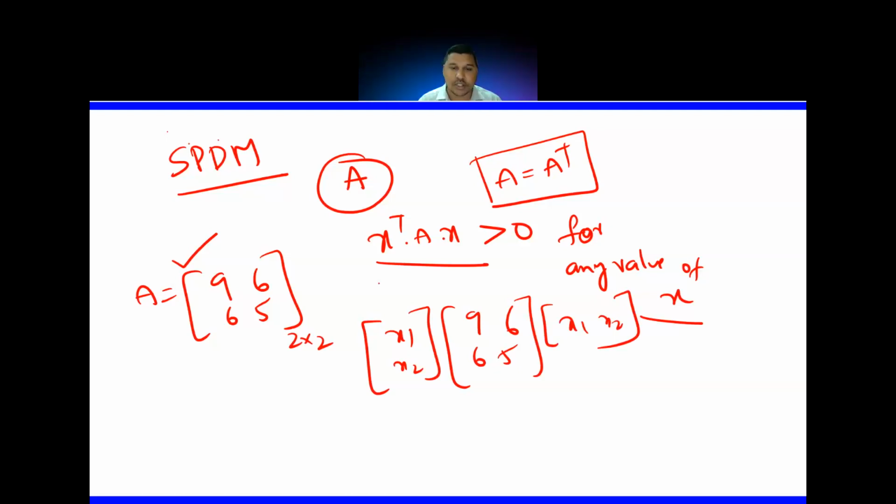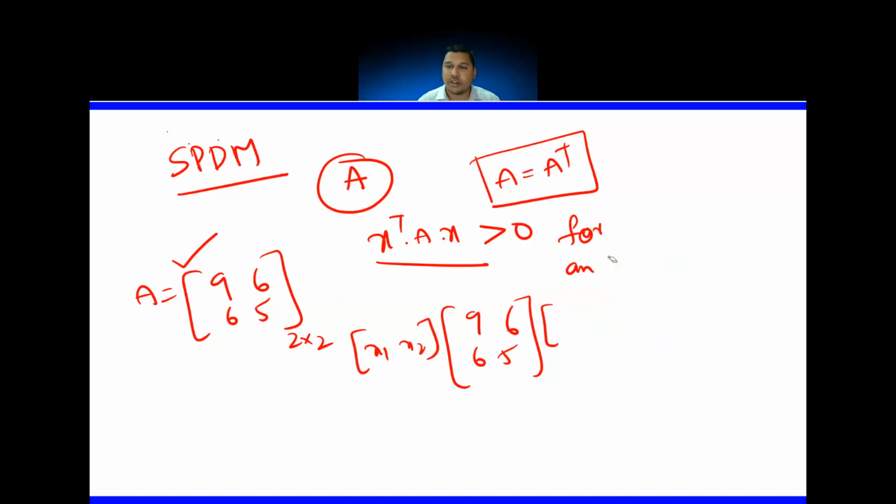Since it is x transpose, I'll take a row vector, x1, x2, and the column vector x1, x2. Now let us multiply this.